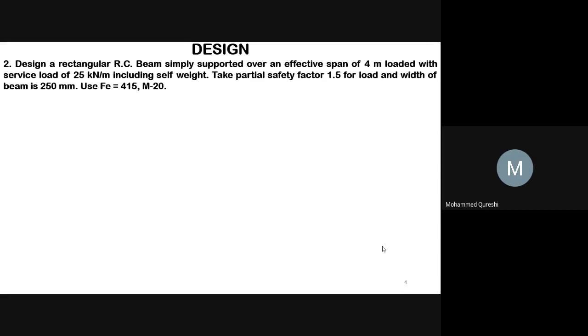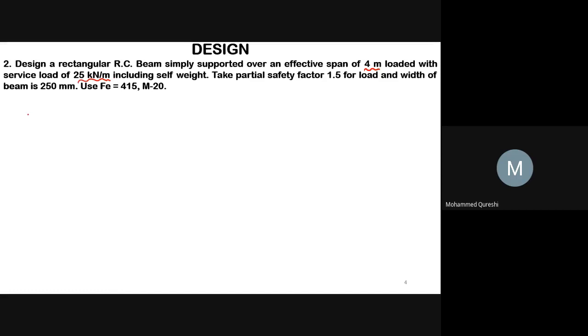In this example, it is given that design a rectangular RC beam simply supported over an effective span of 4 meter. Effective span is given as 4 meter. Loaded with a service load of 25 kilonewton per meter, including self weight.